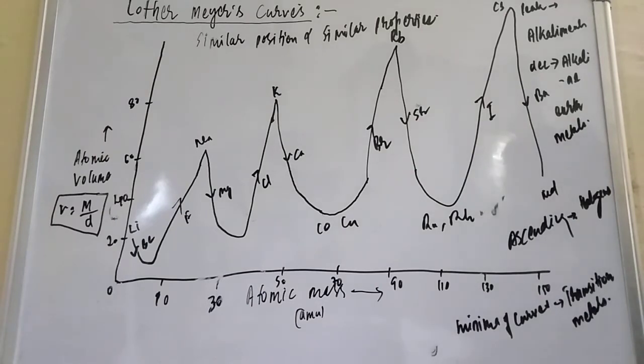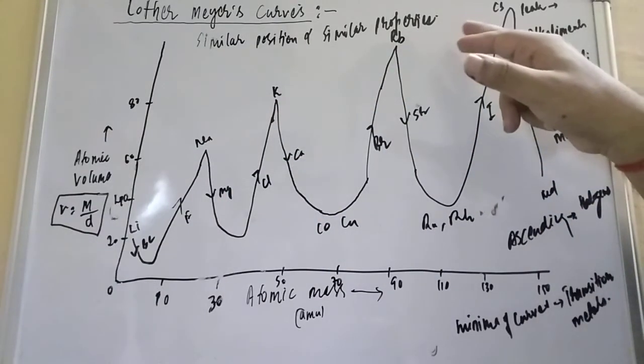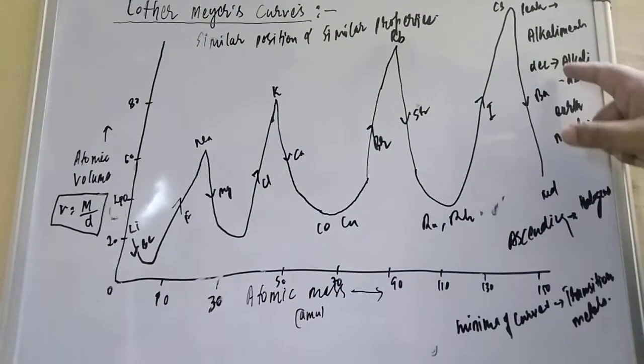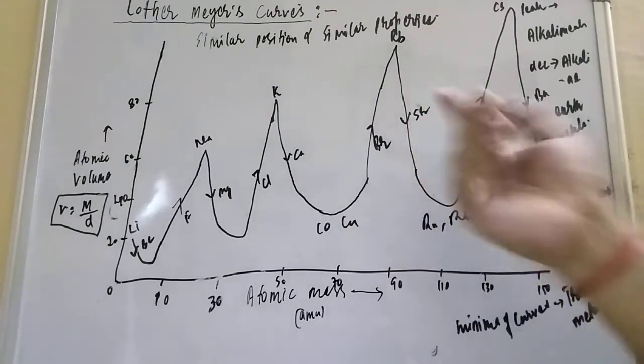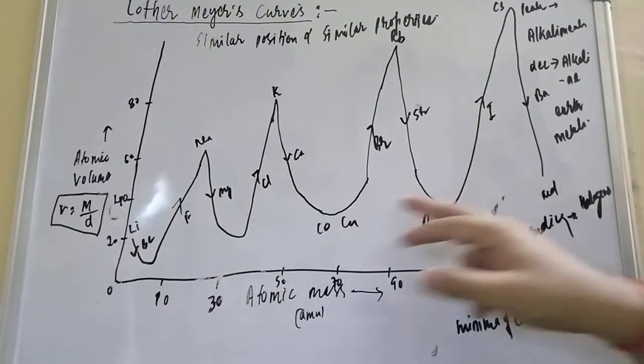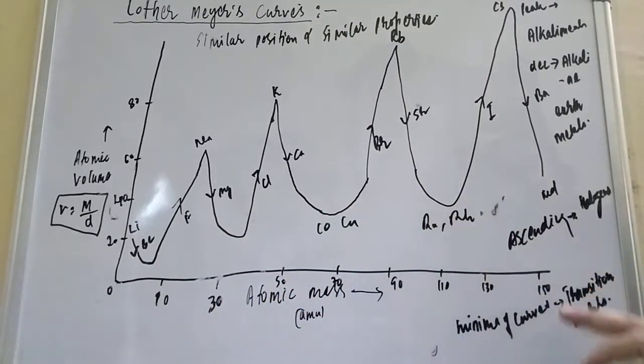So this is all about the Lothar-Meyer curve. The peak is taken by the alkali metals, the descending part of the curve by the alkaline earth metals, the ascending part by the halogens, and the minima, the depression, will take the transition metals.